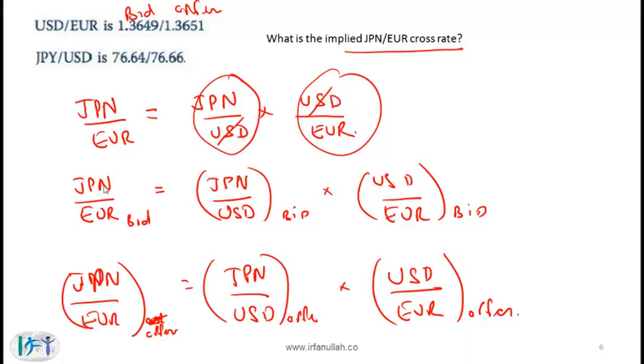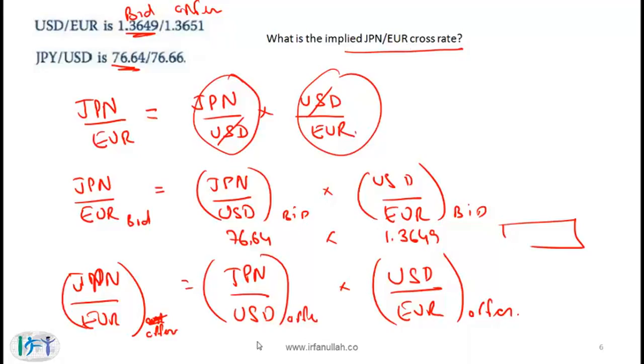So in this particular example, for the Japanese yen to euro bid, we would take the Japanese yen to USD bid, which is 76.64, multiplied by the USD to euro bid, which is 1.3649. You just multiply these two numbers and you will get the implied bid rate between Japanese yen and euro.